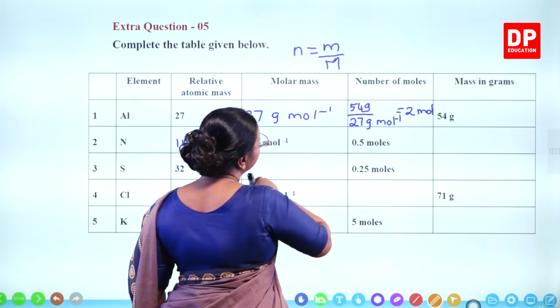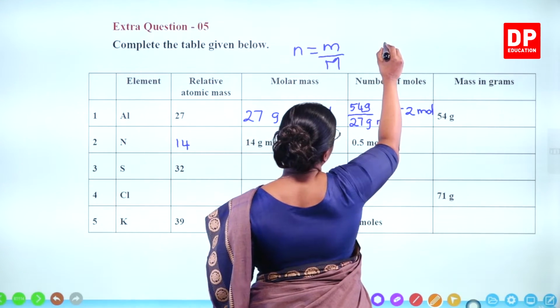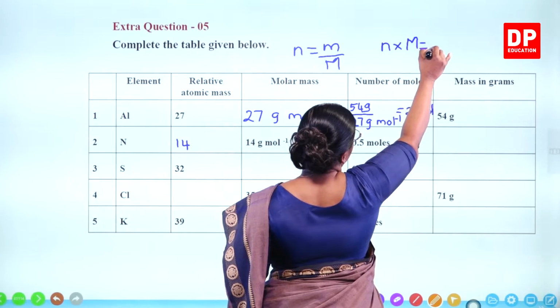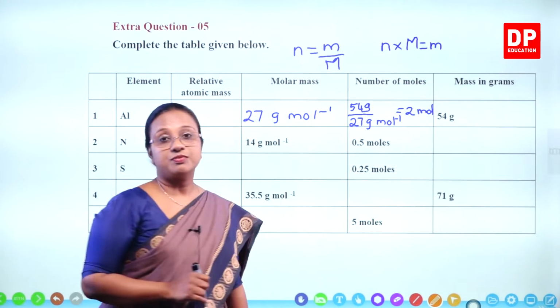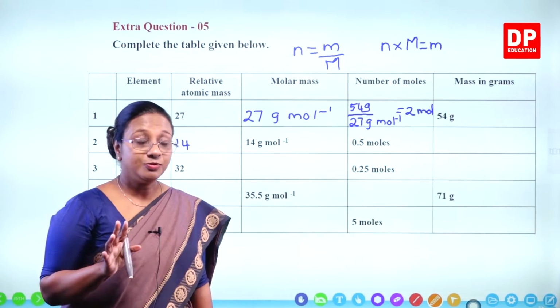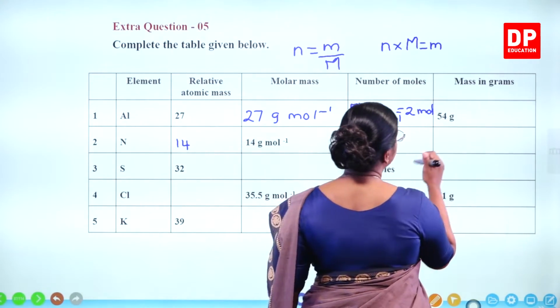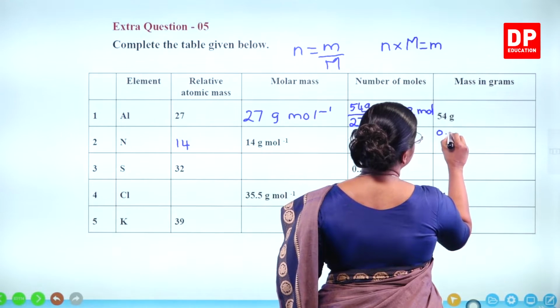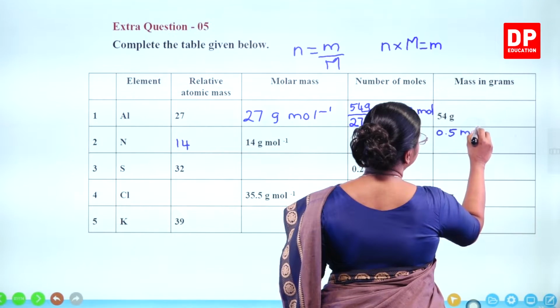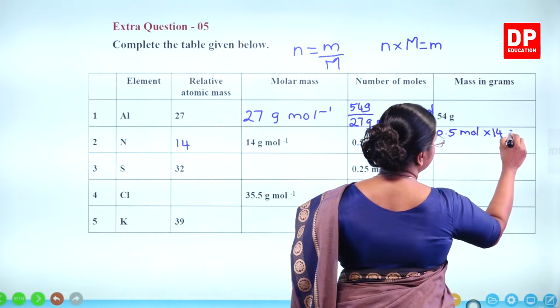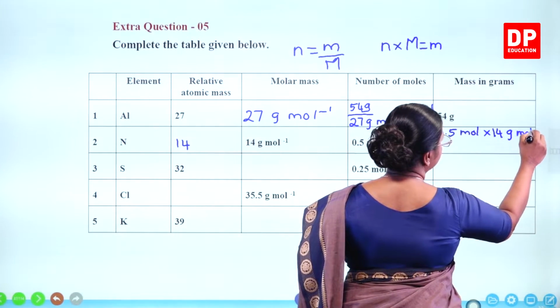So if you want to find the mass, what can you do? If you multiply n by molar mass, you will get the mass of the substance. You know that, just rearranging the equation. So here, this is going to be 0.5 moles multiplied by 14 gram per mole.